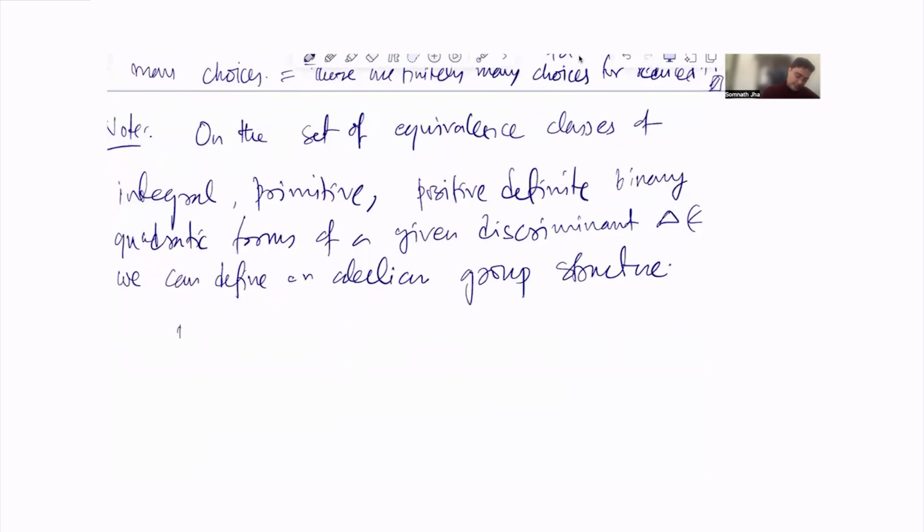These are called Gauss, or something, Dirichlet composition.